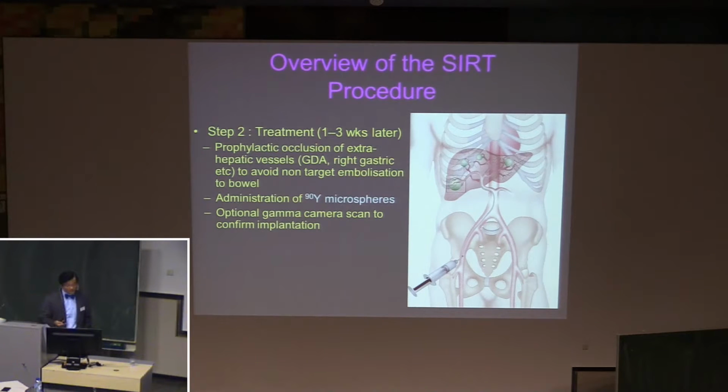Then 1 to 3 weeks later, we bring the patient back. We may, at that point of time, occlude extrahepatic vessels that are in danger of being infused with the radiation, and then administer the Y90 microspheres into the selected hepatic artery.